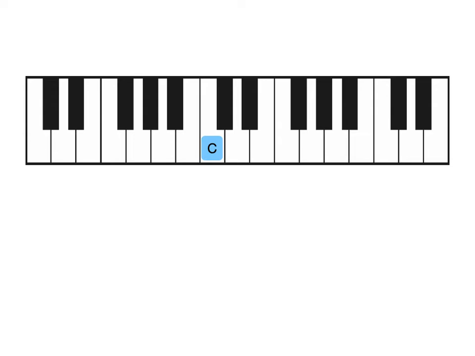But first, let's remind ourselves of semitones and tones. So here we have a middle C, and a semitone above this will be C sharp. A semitone is where we have two notes with no note in the middle.